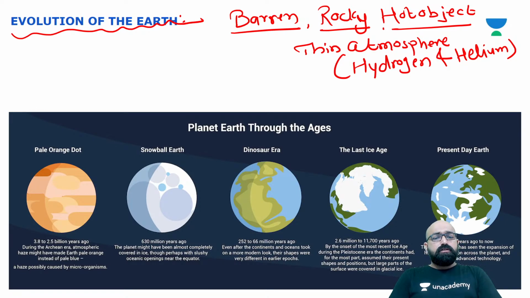Hence, there must have been some events and processes which may have caused this change from rocky, barren, and hot earth to a beautiful planet with ample amount of water and a conducive atmosphere favoring the existence of life.